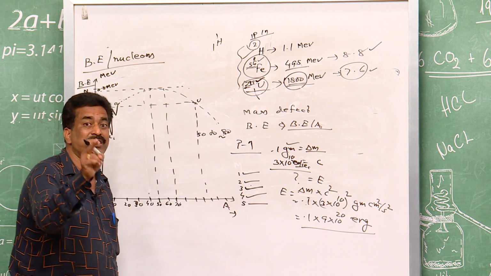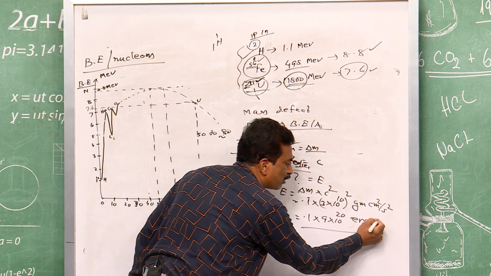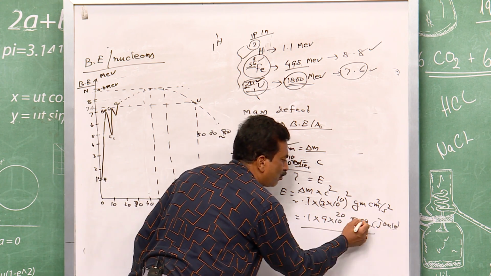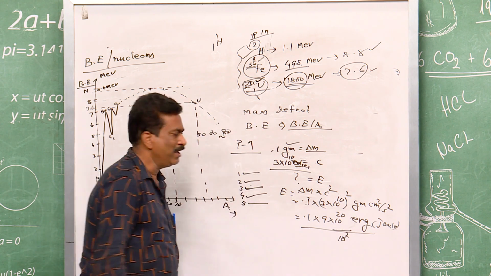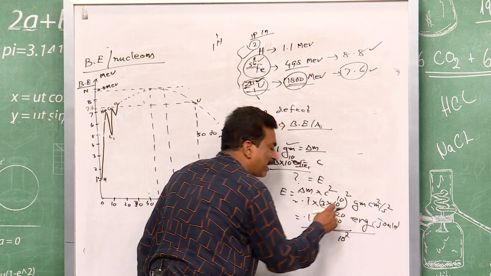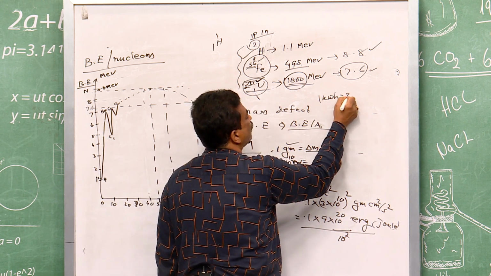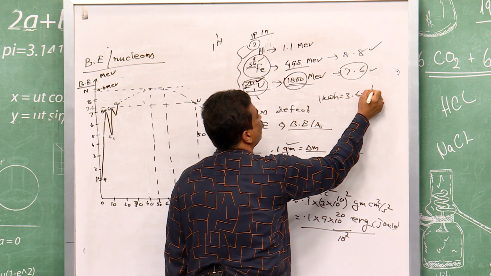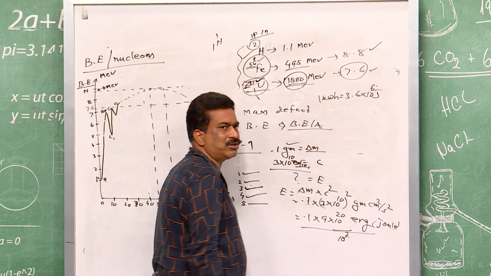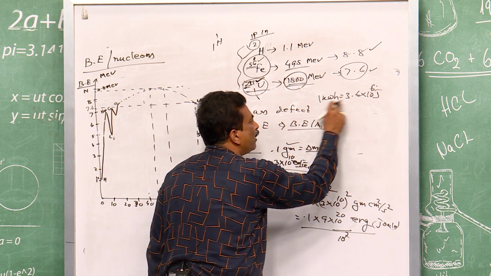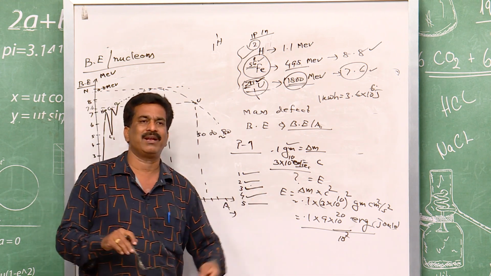But the question is in kWh, so this erg has to be converted into joule, which is done by dividing by 10 to the power of 7. When it becomes joule, it has to be converted to kilowatt hour. 1 kilowatt hour is equal to 3.6 into 10 to the power of 6 joule. So, when you get joule, you divide by 3.6 into 10 to the power of 6, and that will lead to the final answer.